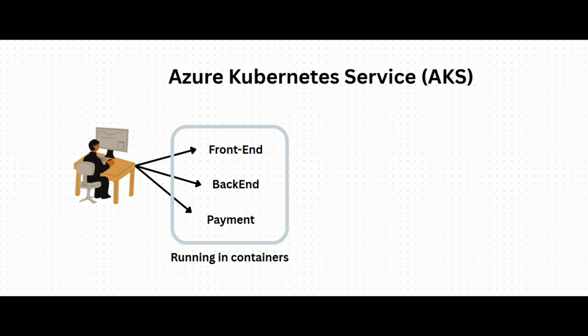All are packaged into separate containers. With Kubernetes, you can deploy and manage all of them together. Kubernetes takes care of scaling, rolling updates, restarting crashed containers, and more, all in an automated way. And Kubernetes comes under the service model of PaaS, platform as a service. You focus on your containers and workloads as Azure manages the Kubernetes control plane.